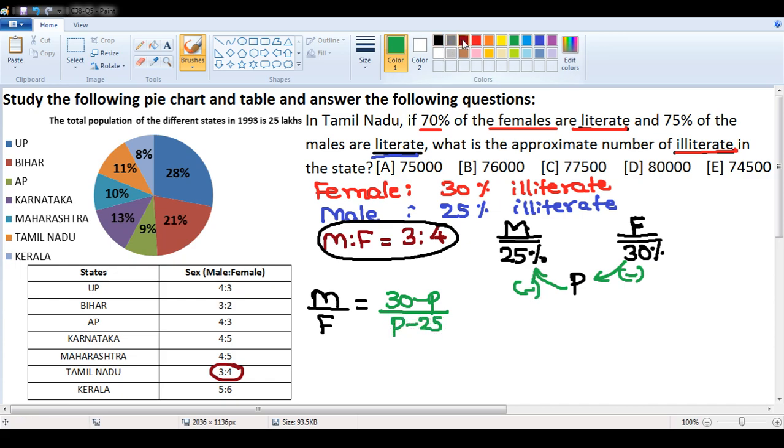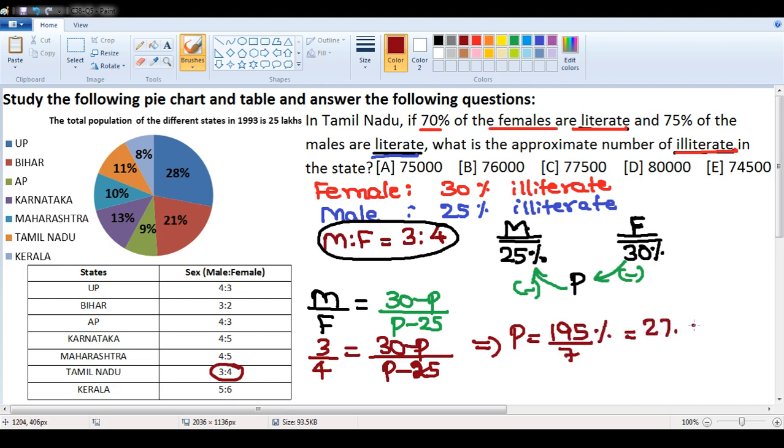But in the question, male and female ratio is given for Tamil Nadu as 3:4. So this will be 30 minus P divided by P minus 25. If you observe, there is only one unknown variable called P in this question. Cross multiply and simplify. You will get P value as 195 by 7%, which is nothing but 27.8%, right? That means, can I say that 27.8% of the people totally have this average is nothing but the total, right?